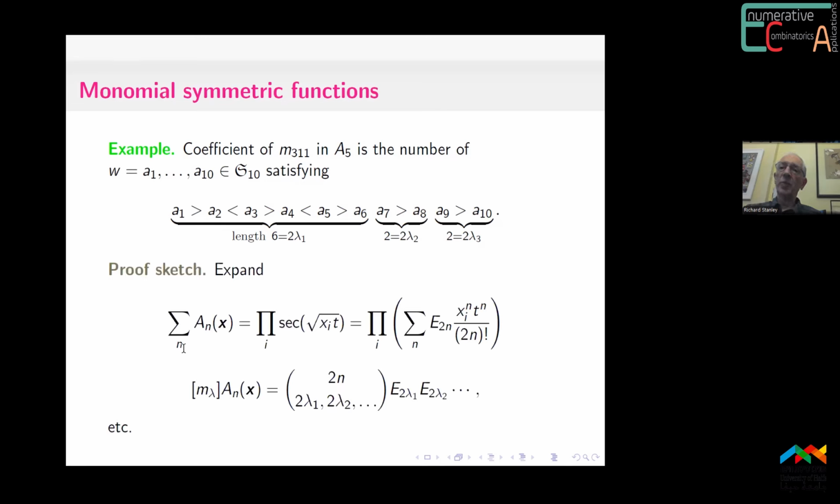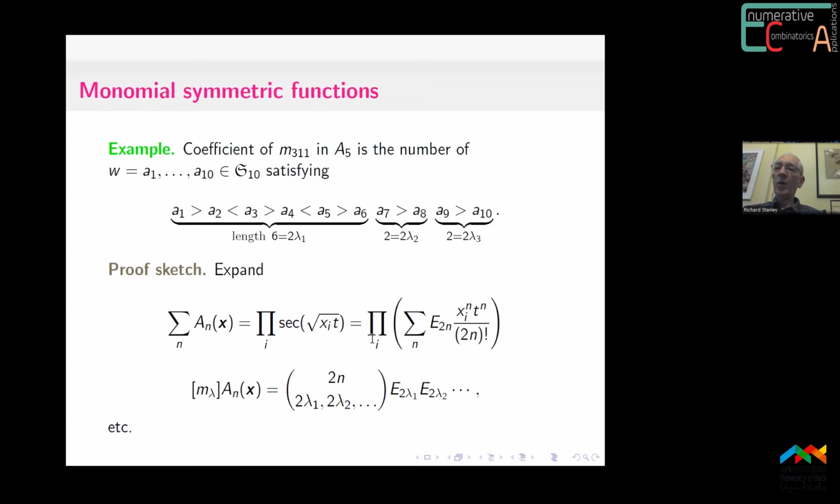So I said the proof is pretty straightforward. Using this product formula for the generating function for AN, there should be a t to the n here. The secant expands. Secant of the square root of x t has this expansion in terms of Euler numbers.